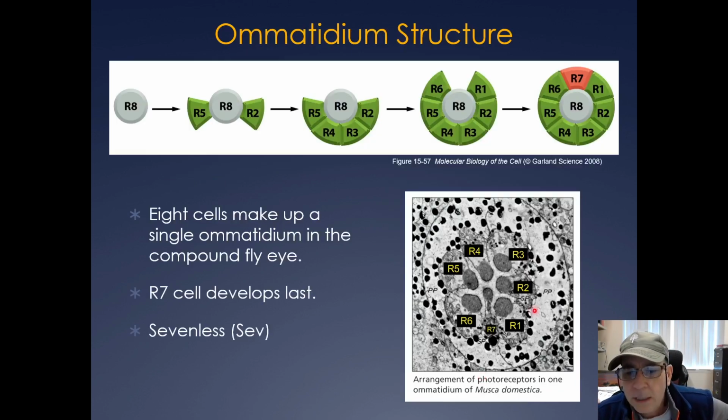And so they actually used this developmental pathway to screen for regulators of development. And one of the first mutants that they found was this strain of flies called sevenless, where there was a mutation that basically caused no R7 cells to develop, okay?